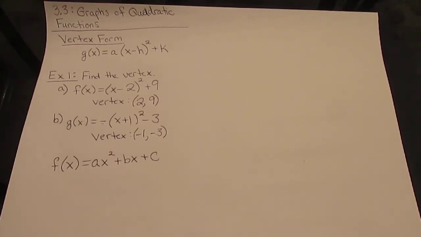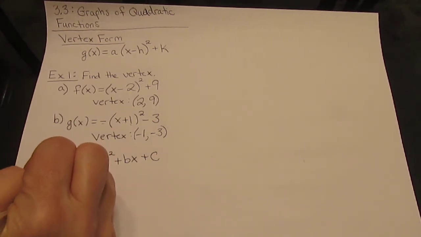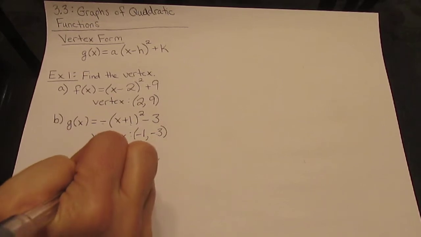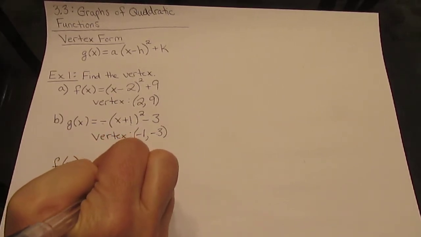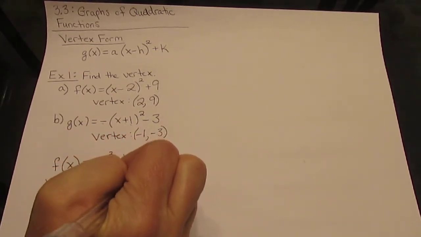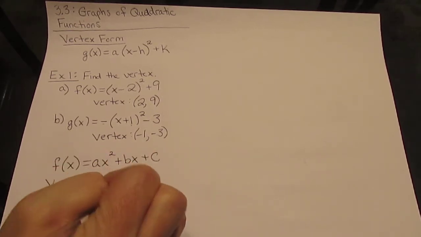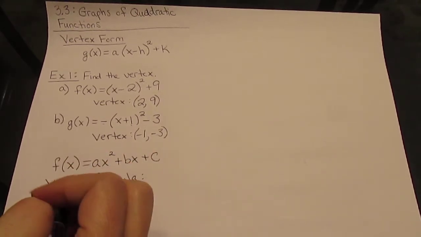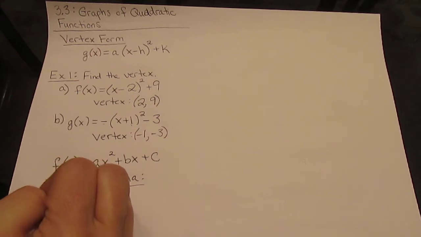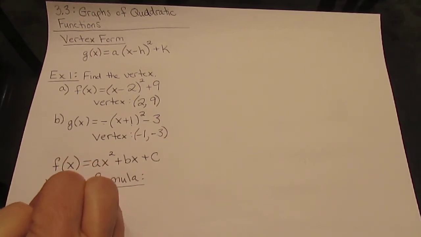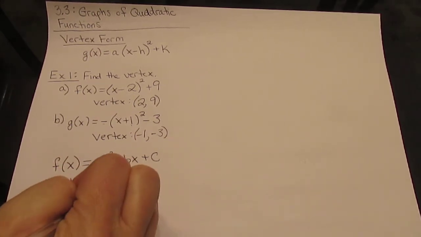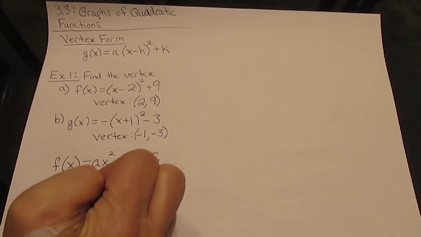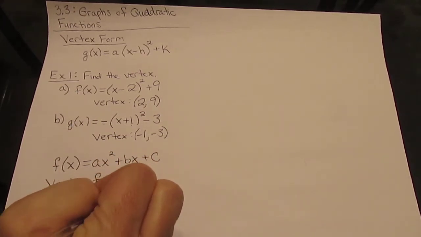Well, they've got a vertex formula. Negative b over 2a, comma, f of negative b over 2a.